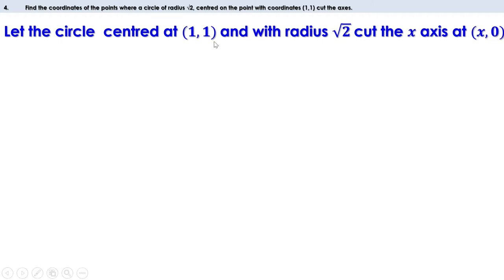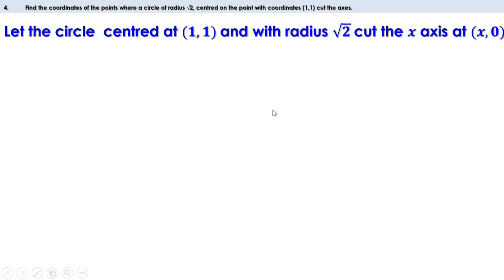Therefore, the distance from 1, 1 to x, 0 is root 2, or the square of the distance is 2. We know the distance between 2 points is the root of x1 minus x2 all square plus y1 minus y2 all square. When we find the square of the distance, no need to put the root sign.